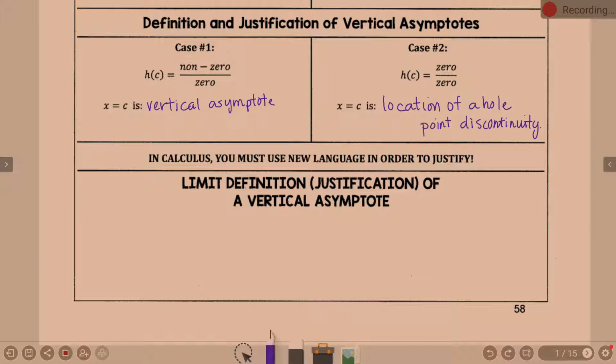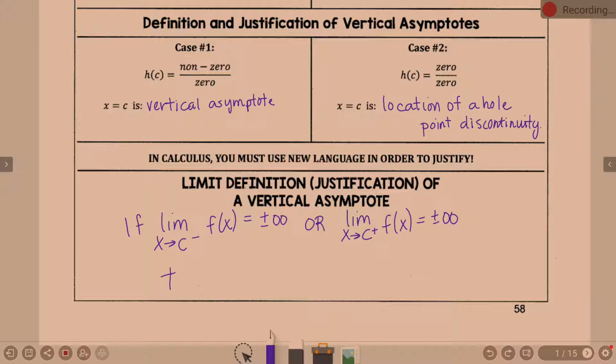So the idea here is that if the limit as x approaches c from the left of f of x equals either positive or negative infinity, or the limit as x approaches c from the right of f of x equals positive or negative infinity, then we know x equals c is a vertical asymptote.